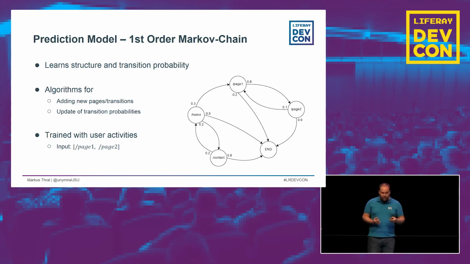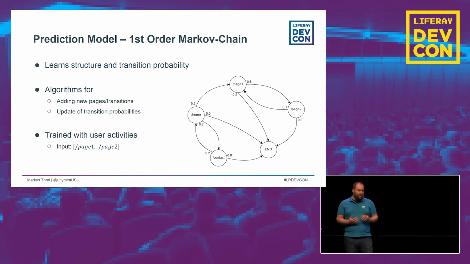So we need a model which learns the structure and transition probabilities, and therefore we need algorithms for adding new pages, new transitions, and updating current transition probabilities. And the model is trained with user activities, which are navigation steps, for example, from page 1 to page 2.